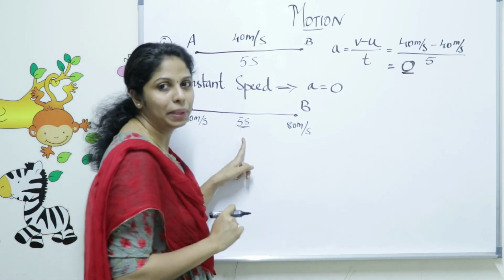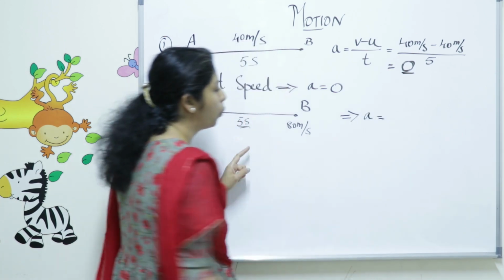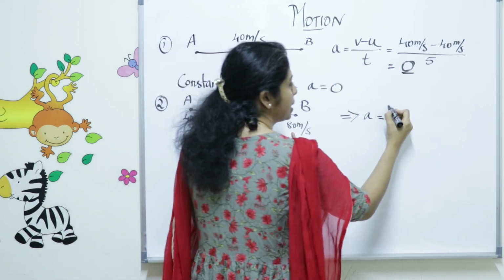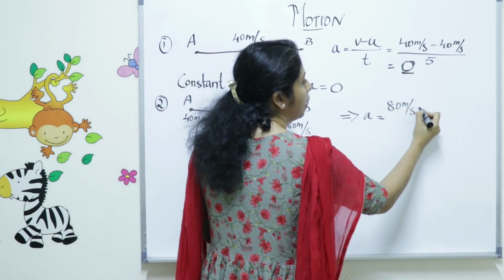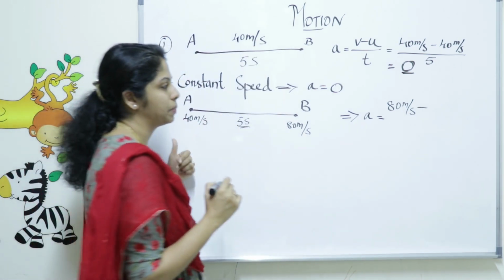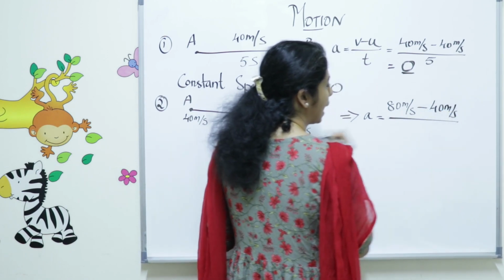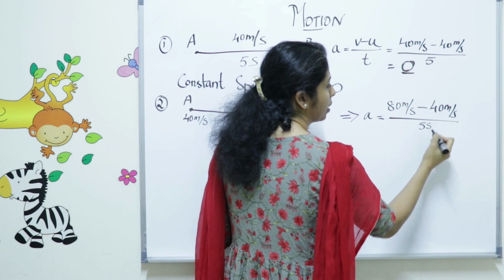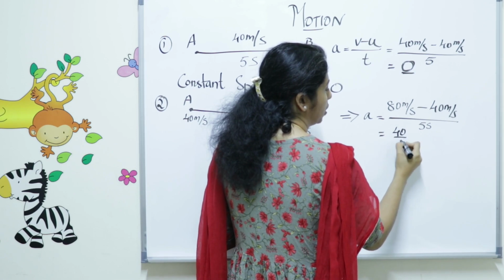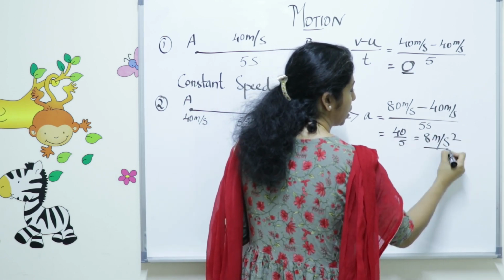So, what will be the acceleration? a is equal to the final velocity, 80 meter per second, minus the initial velocity, 40 meter per second, divided by time 5 seconds. So, we will get 40 by 5, which is 8 meter per second square.